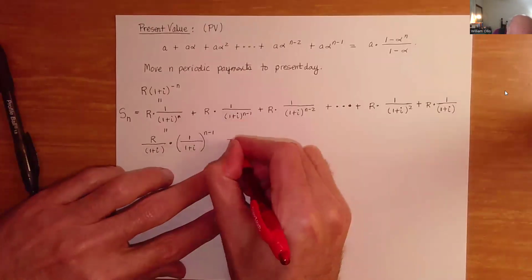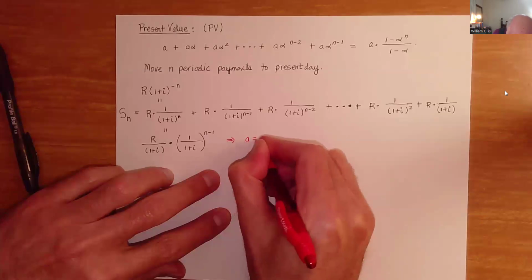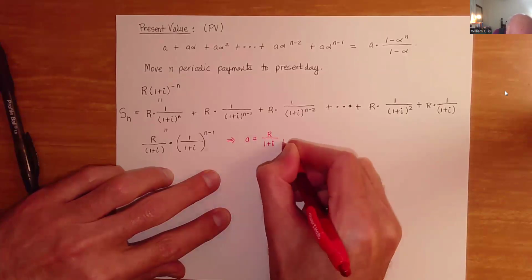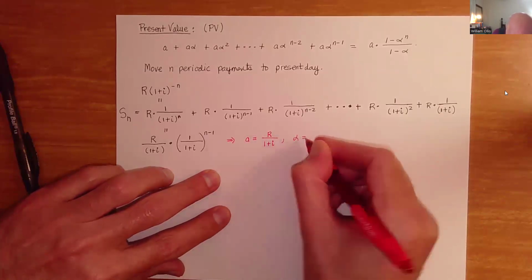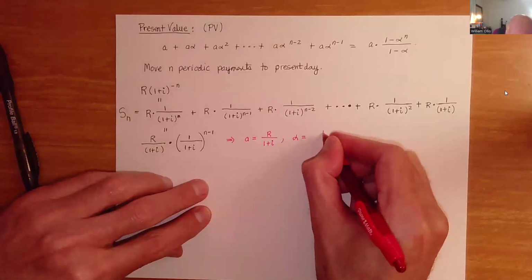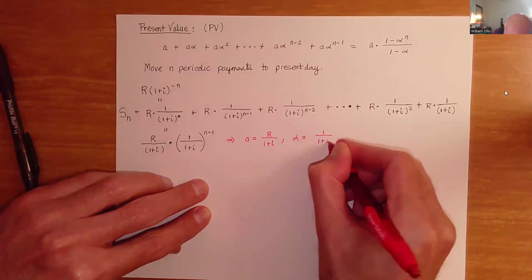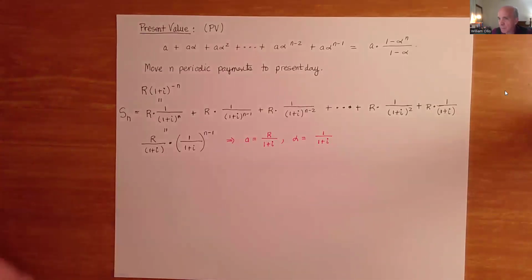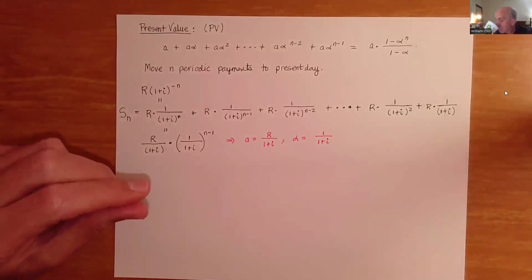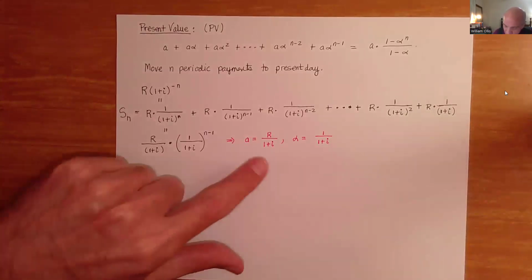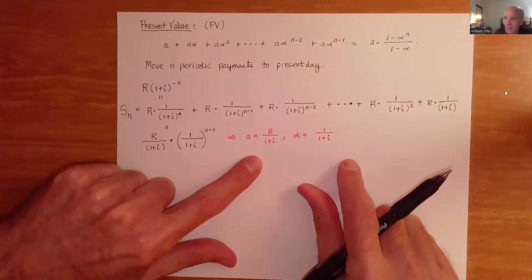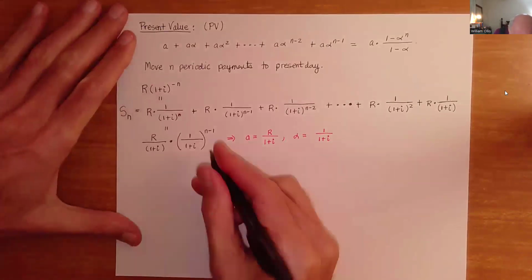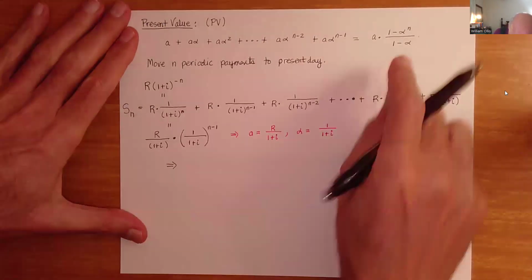So this implies A is actually R divided by 1 plus I, and the alpha in this case is just 1 divided by 1 plus I. So we have a little bit different arithmetic, but it's still the same idea. So thinking of these as reciprocals probably makes it a little bit easier. And then we can move to the negative exponents when we write our formula. So now this implies we want to use this.